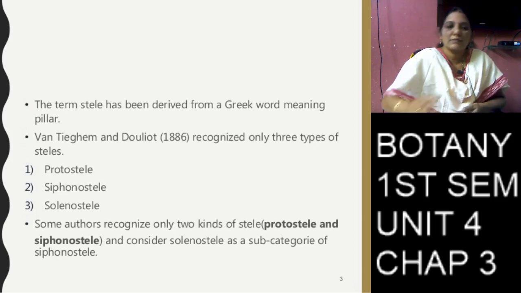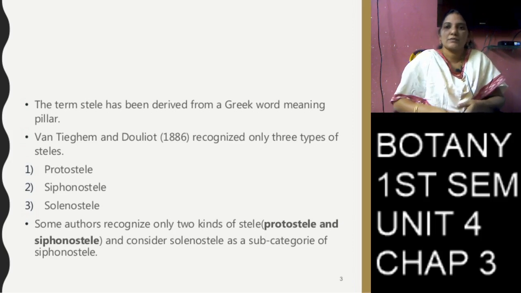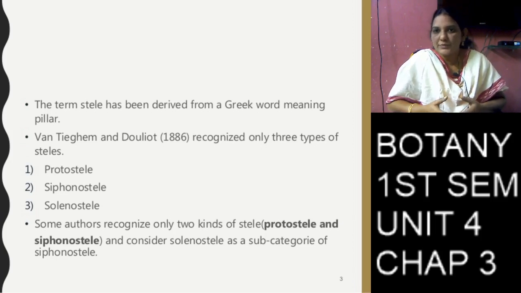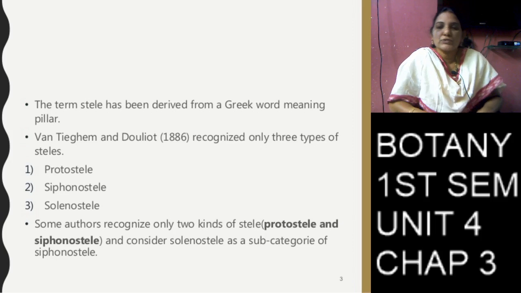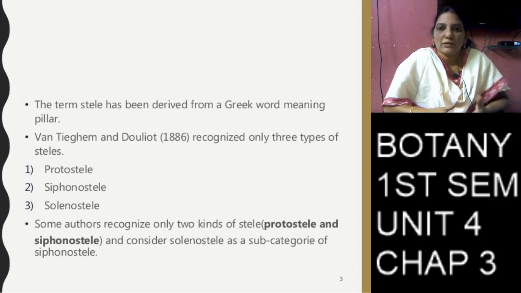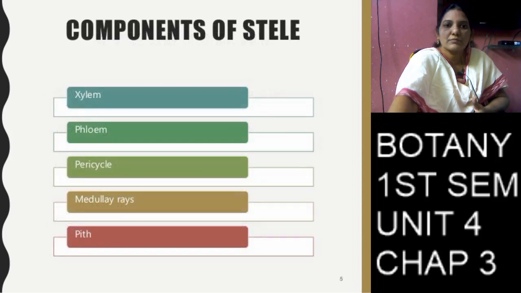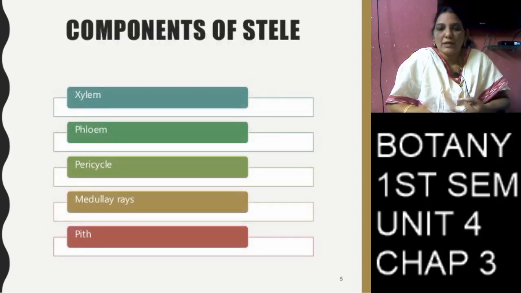The stele is divided into so many types based on the xylem, based on the phloem, based on the medulla, based on the leaf gaps, based on the leaf traces, based on the vascular bundles.